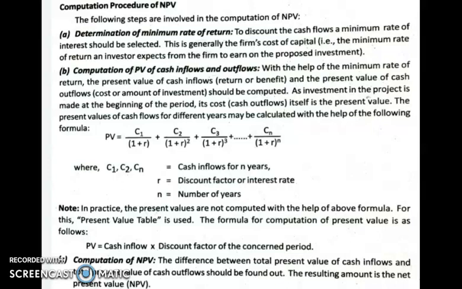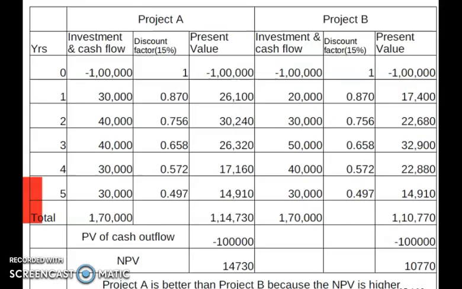So to find the PV of a particular year, you have to find the discount factor of the concerned period and multiply it with the cash inflow, and you will get the present value of the corresponding year. Finally, you will have to compute the NPV. It is the difference between the total present value of cash inflows and the total present value of cash outflows. And that is the procedure of NPV.